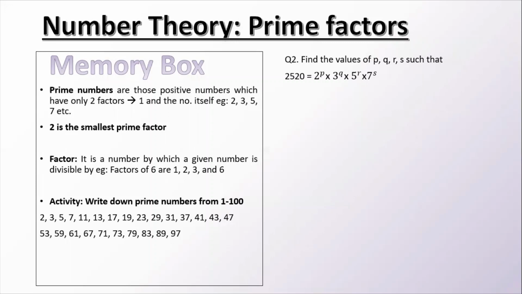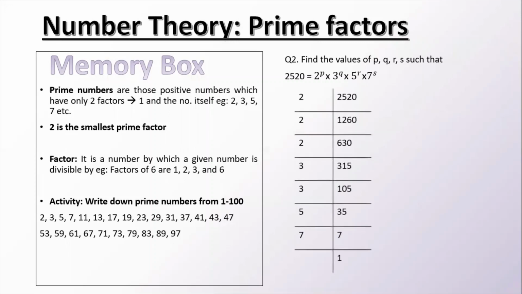In order to find its prime factors, I start dividing 2520 by the smallest prime number, which is 2, which gives me an answer which is 1260. 1260 can further be divided by 2 to give me an answer 630, and 630 can further be divided by 2 to give me an answer 315.